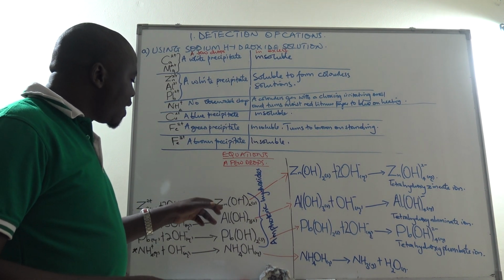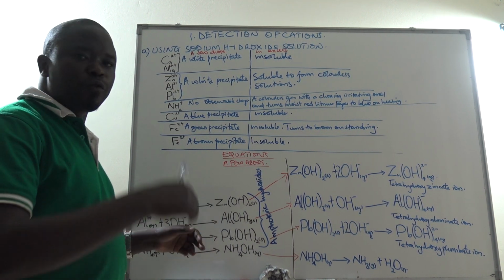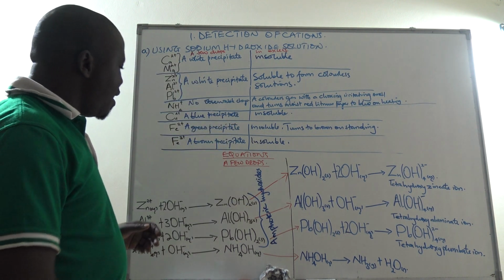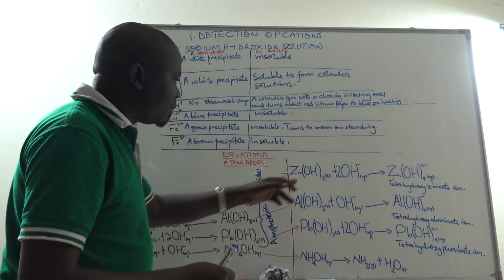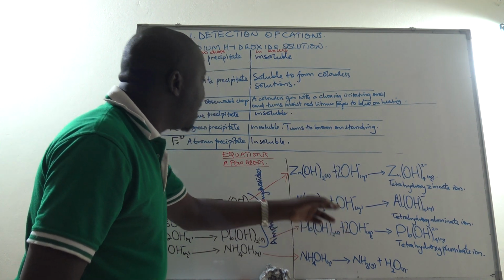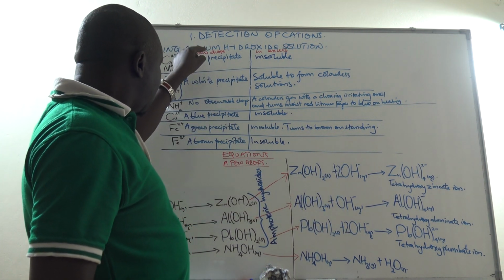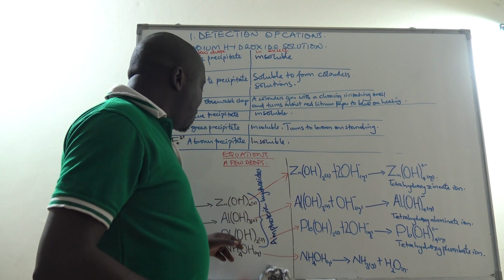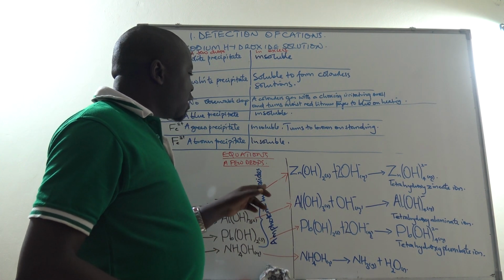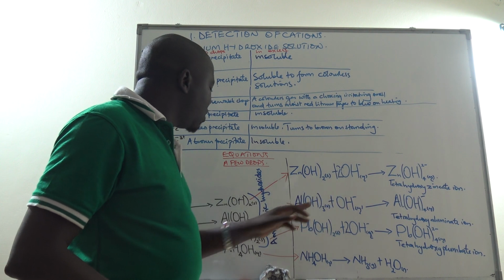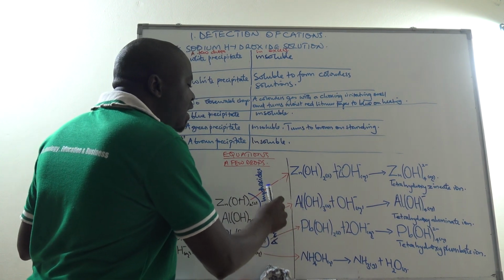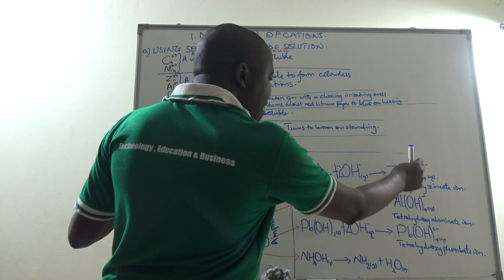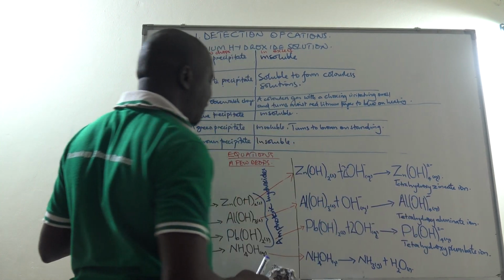So they can react with an acid since they are bases to form salts and water only in a neutralization process. Then they can also react with the alkalis as we have seen. So in this case they react with excess sodium hydroxide solution. When they have already been precipitated or formed, they react with sodium hydroxide solution since they are amphoteric in nature, and they form their respective solutions containing these complex ions here as we have seen.